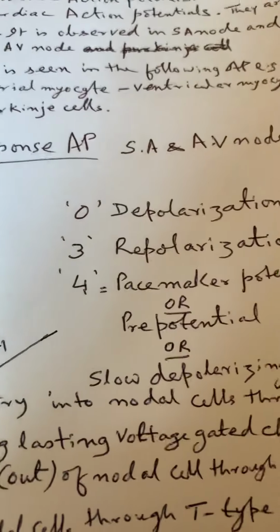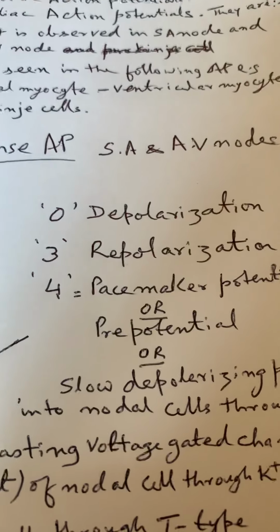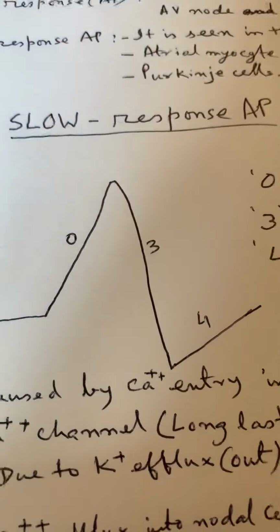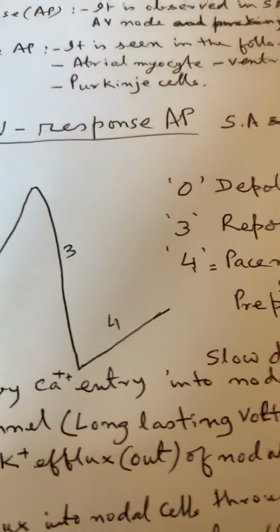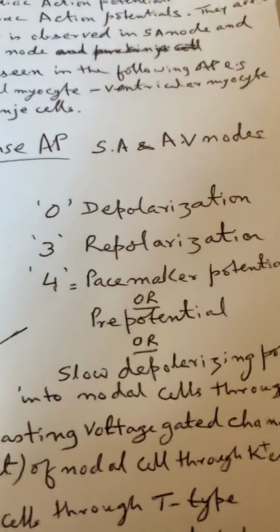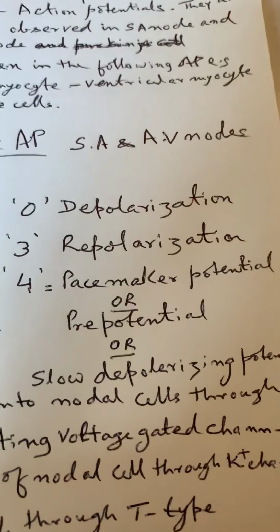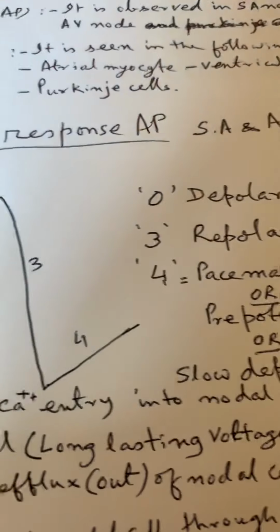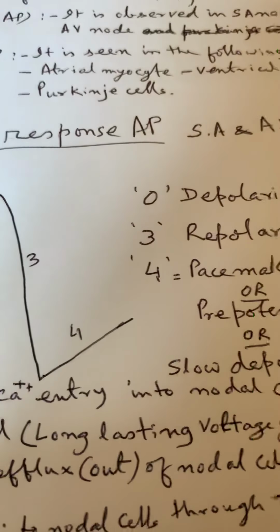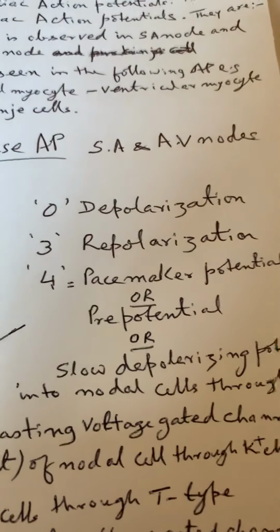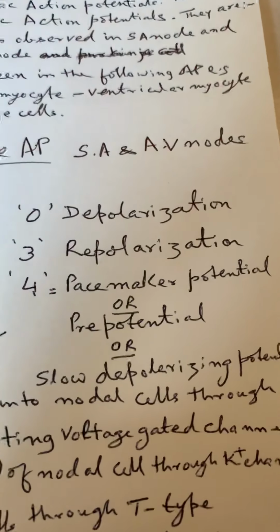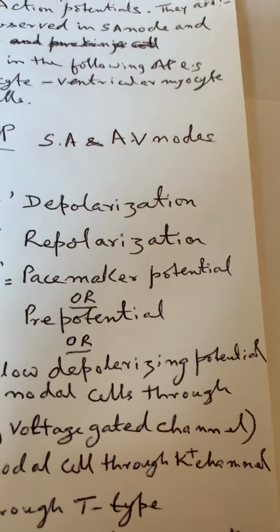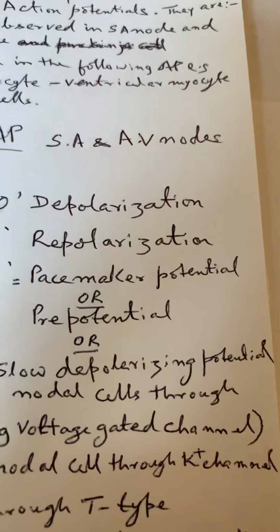Phase 0 means depolarization. Phase 3 means repolarization. And phase 4 is the pacemaker potential, pre-potential, or slow depolarizing potential. Three names.